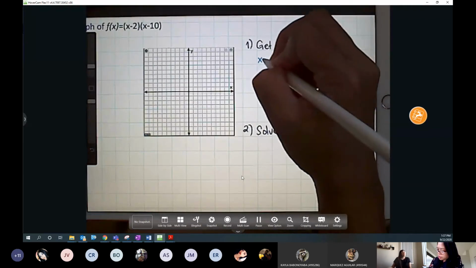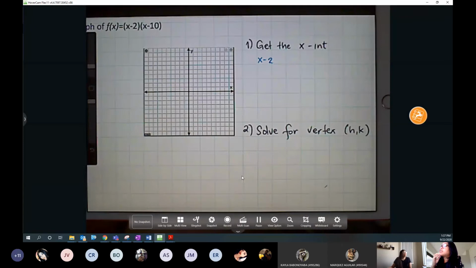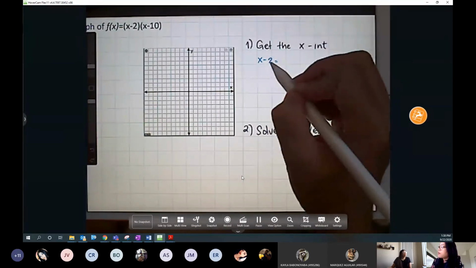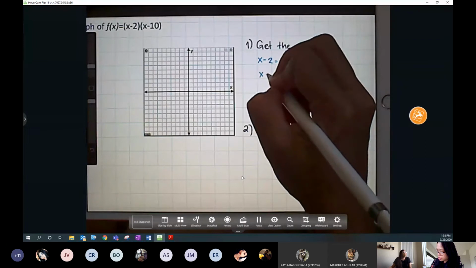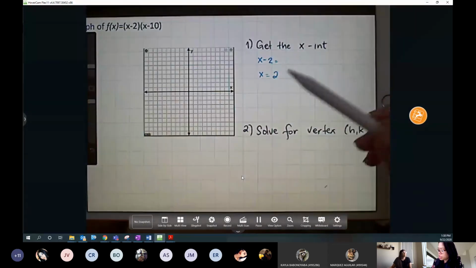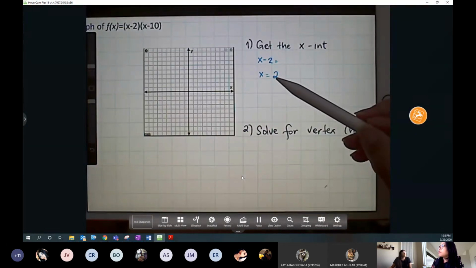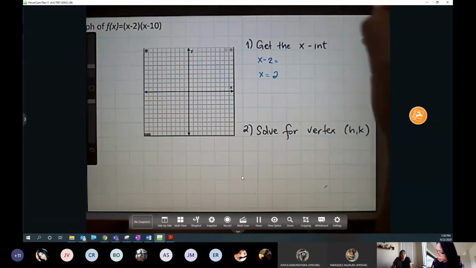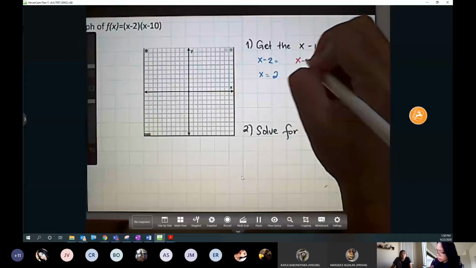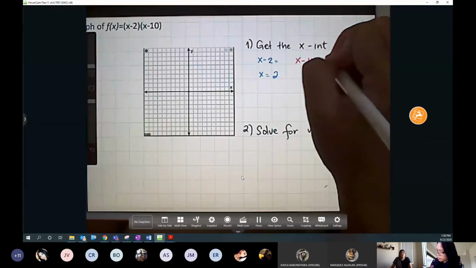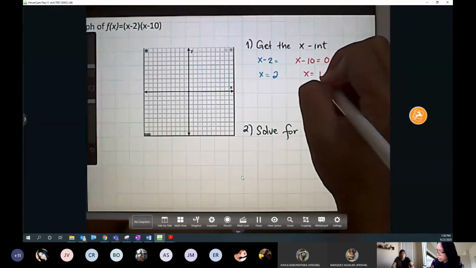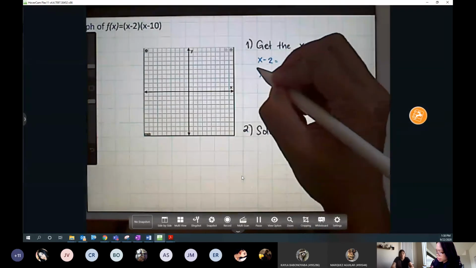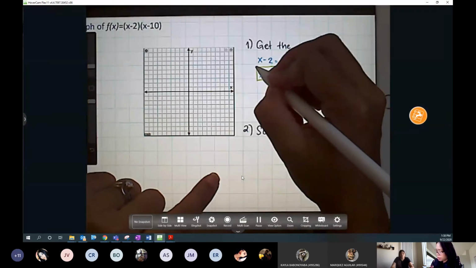So first, we're going to start with the first factor, x minus 2 equals 0. And this is the only number that we're going to get rid of. So we know that x is equal to the opposite of minus 2, which is 2. And then on the next one, we have x minus 10, only one number to remove. So x is positive 10. And now we have those two x's.